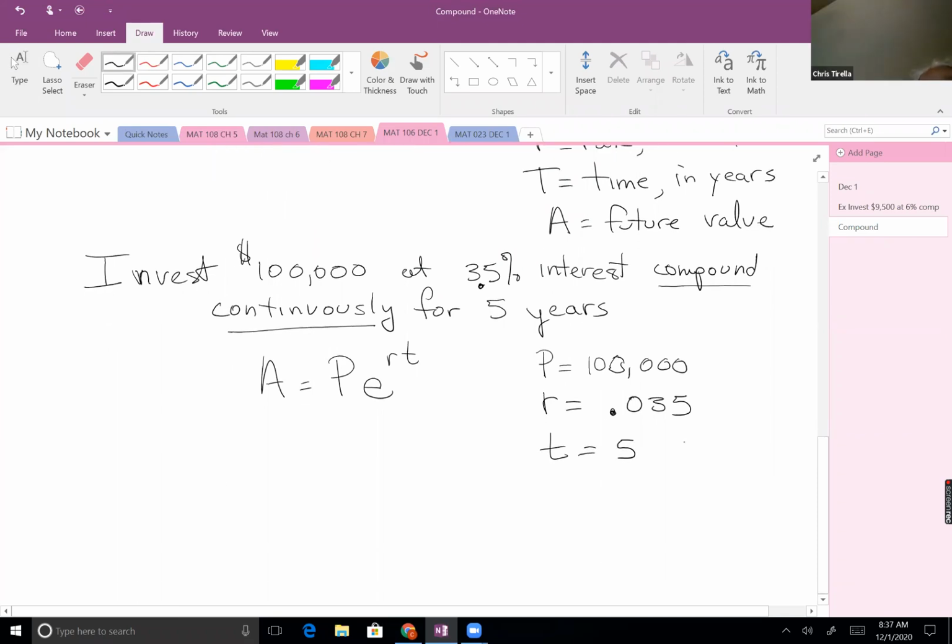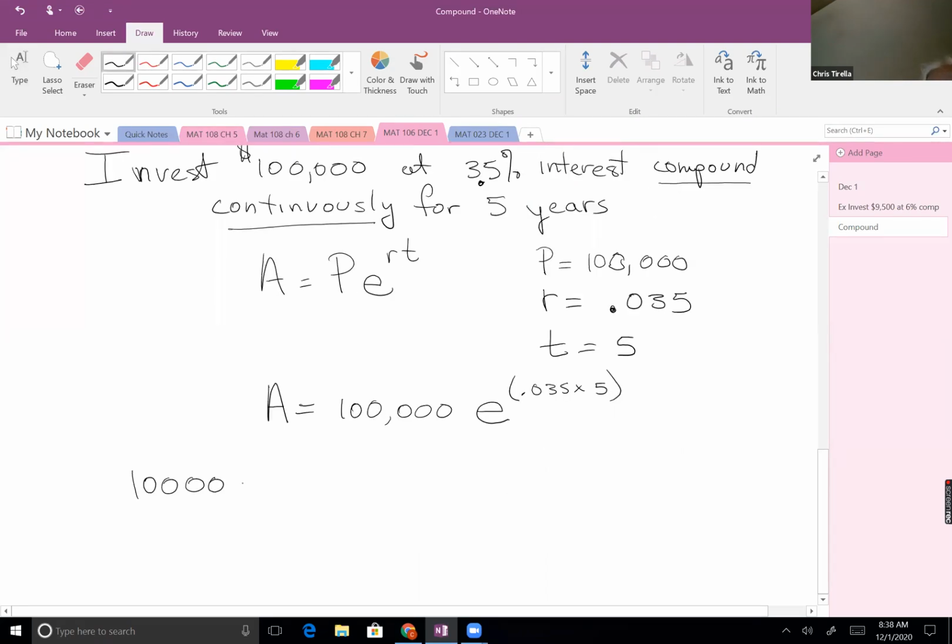And this time I'm not going to pre-multiply that exponent, because I know on my calculator, when I press that E button, it opens a parentheses. So with my calculator, I'm going to type in 100,000 times, then I'm going to press that second or shift button, LN. Then it's going to open a parentheses by itself.